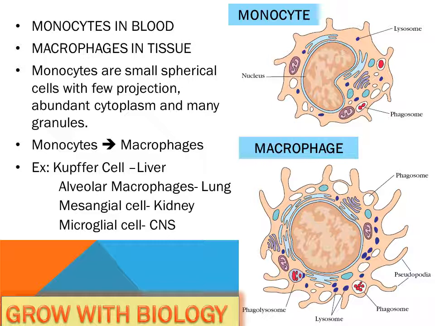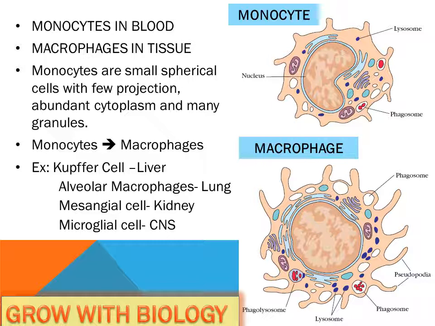But when the monocytes enter the tissues, the size increases, the projections become very prominent, and it becomes a much more highly phagocytic cell. Thus the monocyte will finally convert to macrophage when it moves from blood to tissue.